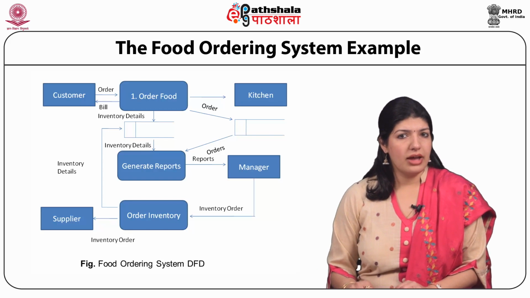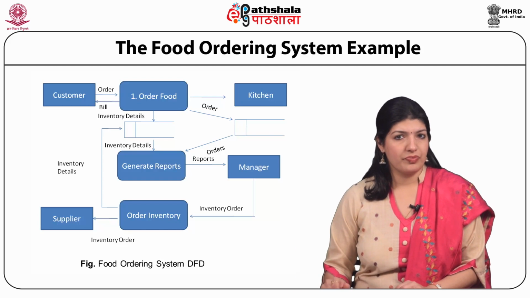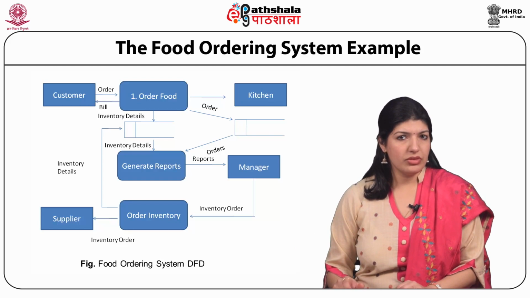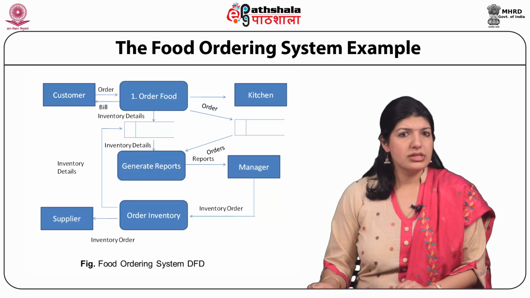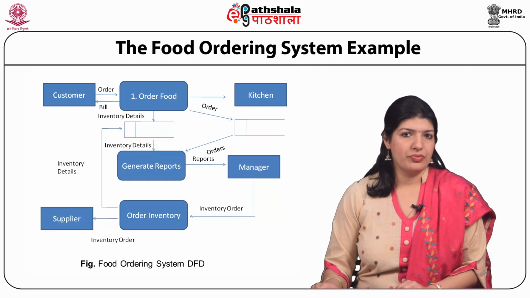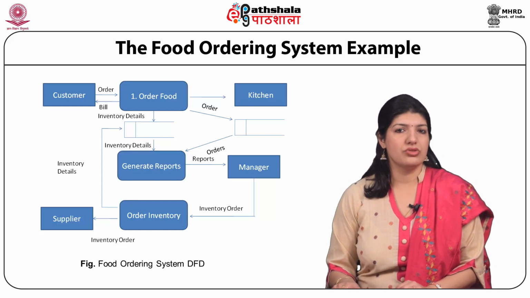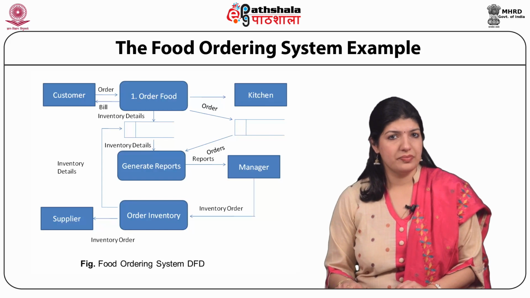Based on this particular diagram, we know that a customer can place an order. The order food process receives the order and forwards it to the kitchen. It stores it in the order data store and stores the updated inventory details in the inventory data store. The process also delivers a bill to the customer.